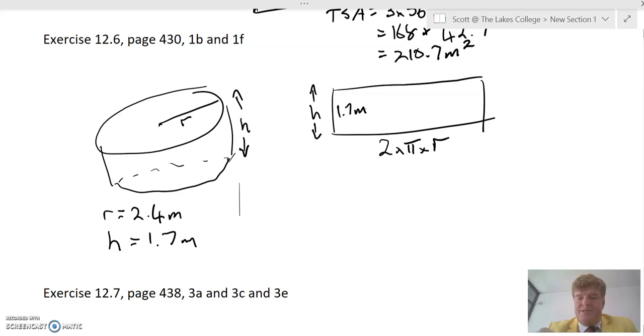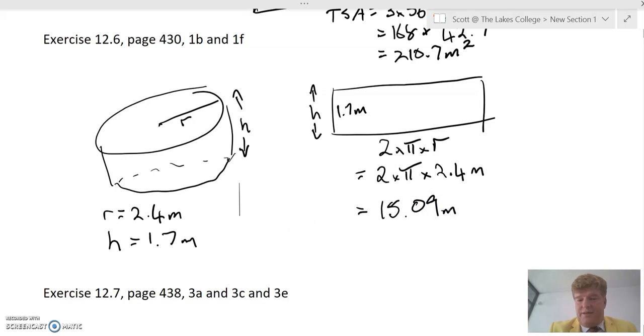And let's put the numbers into this rule for what will be the length of this rectangle, or the circumference of the circle. It's going to be 2 by pi by 2.4 meters. And if I use my calculator to do that calculation quickly, multiplied by 2, multiplied by 2.4, we get that it is 15.09 meters.